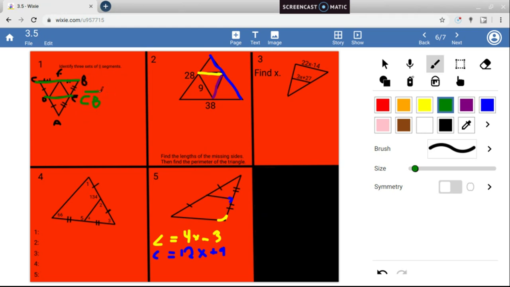CB, line CB, is parallel to DC. And then there are 2 more sets that we have. This one is going to be parallel to this one. So line CA is going to be parallel to, is that FE?